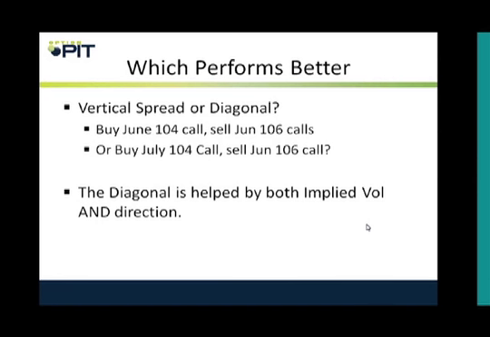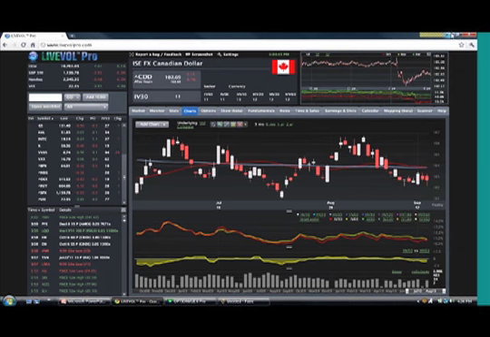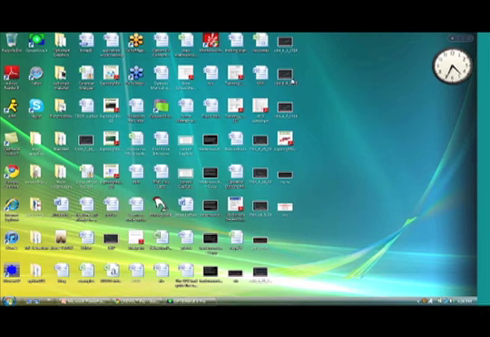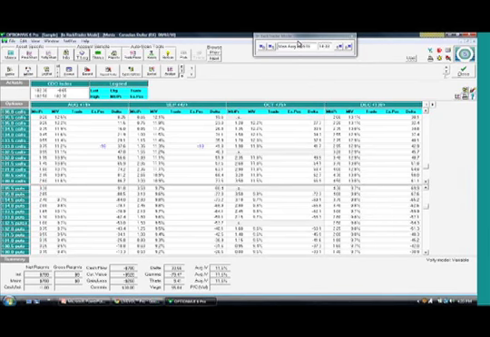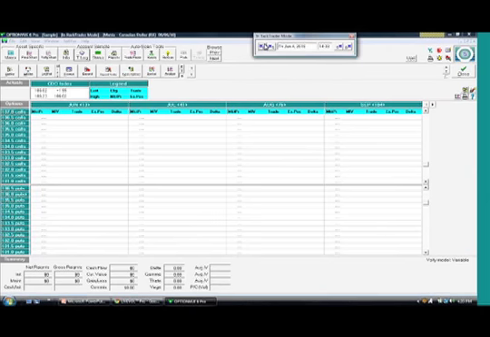So let's compare real quickly how those two vertical spreads in CDD performed. We're going to June 2006.